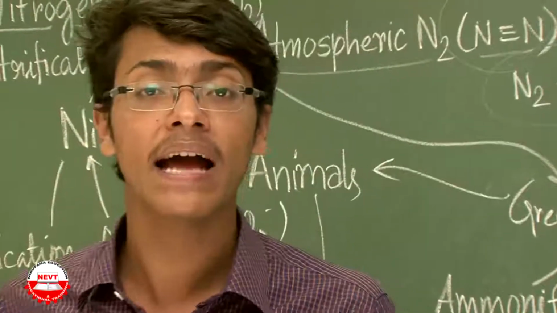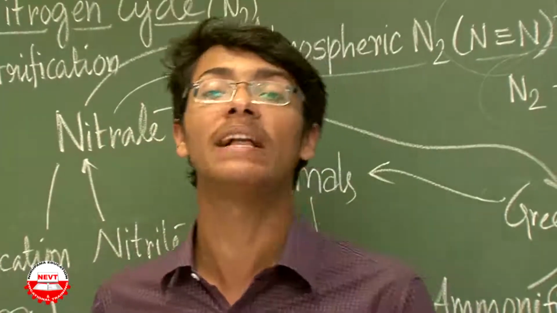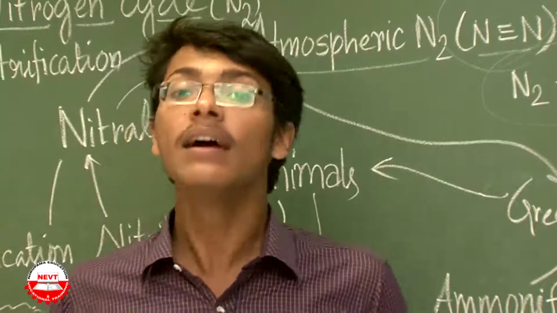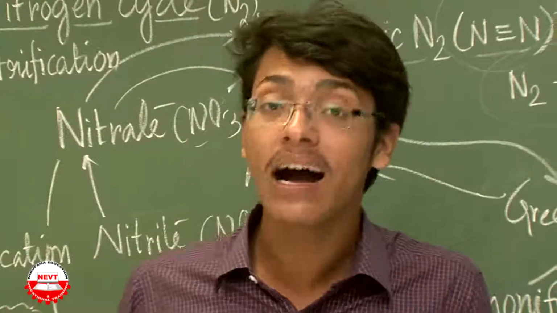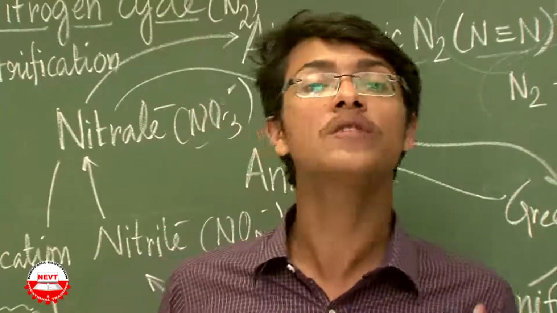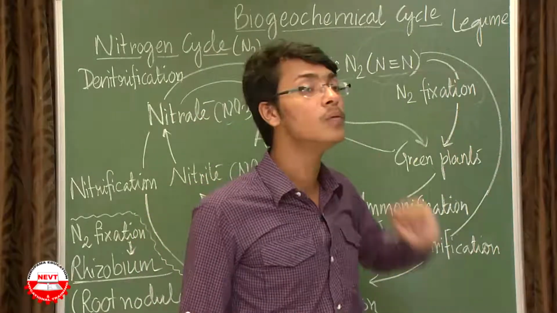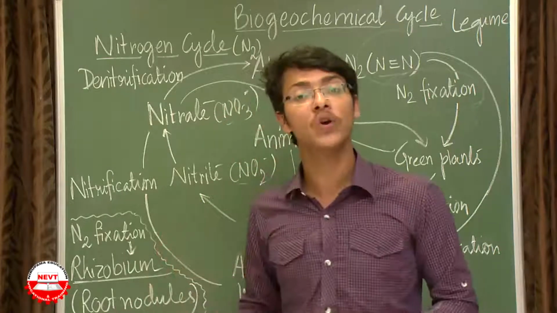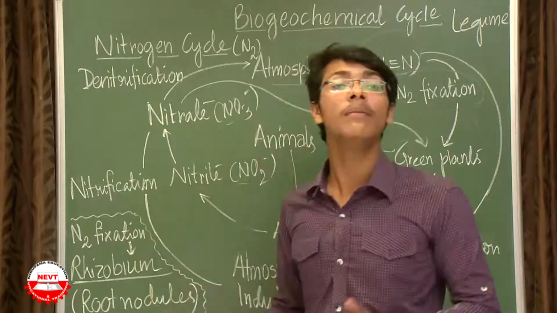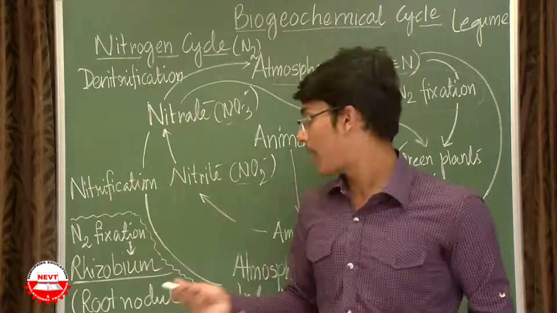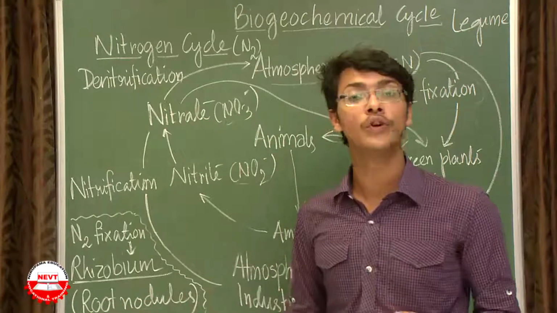Legumes are those plants which mainly give us pulses like pea, soya bean, dal, all plants whose pulses are used by us. So in the roots of these legumes, we can find the rhizobium. And this rhizobium is present in the root by formation of root nodules.